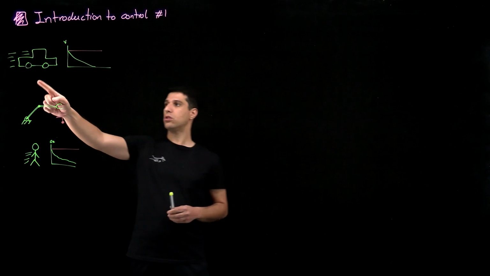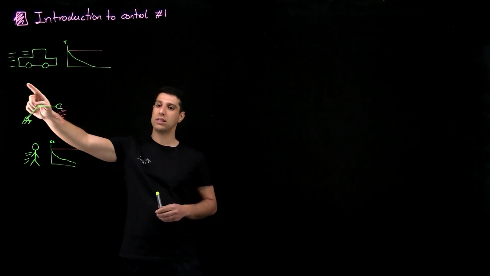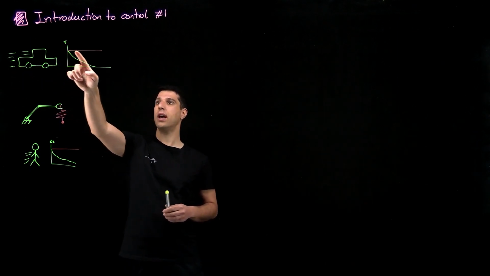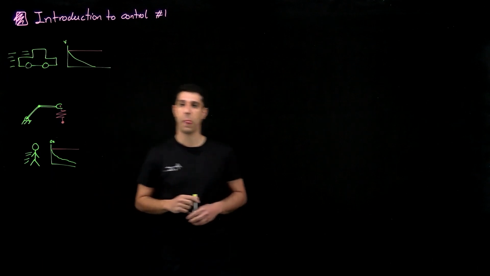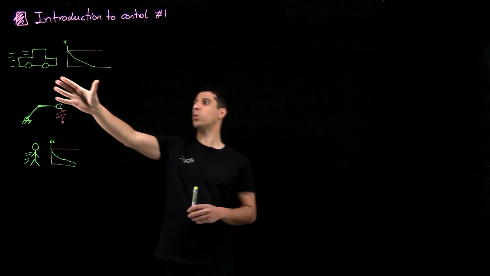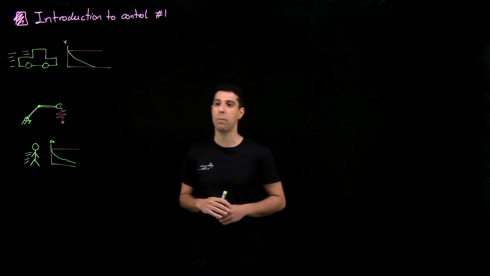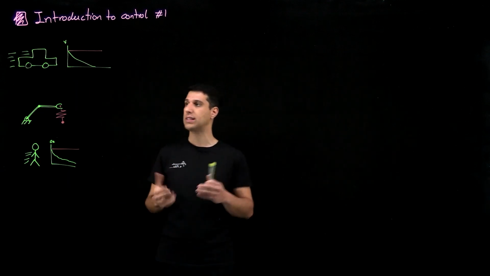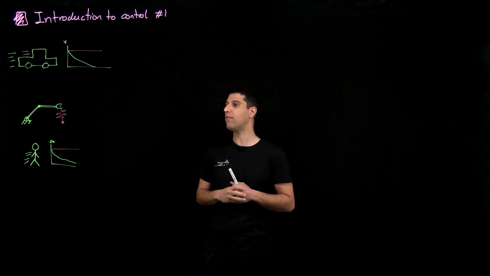What you want is for your car to maintain its constant velocity. So that is the cruise controller. That is one example of control, where we want our system to behave the way we want.